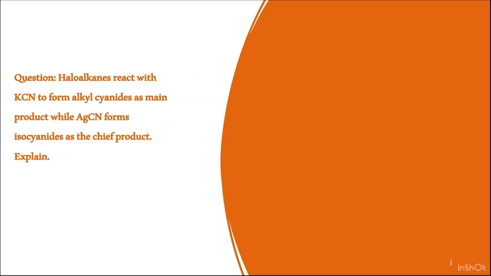Next question, a very important one. Haloalkanes react with KCN to form alkyl cyanide, that is RCN, while with AgCN, the main product is isocyanide, that is RNC.